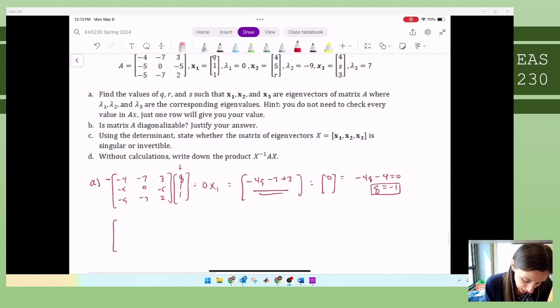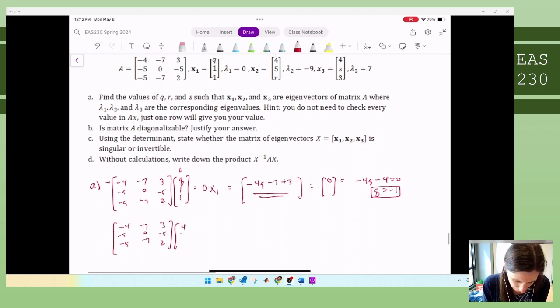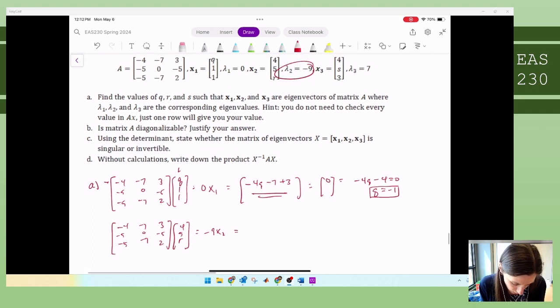For the second one, same thing. Negative 4, negative 5, negative 5, negative 7, 0, negative 7, 3, negative 5, 2. If I multiply it by my second one, it should be negative 9 times x2, because that's the corresponding eigenvalue. So if I do my multiplication, once again, it doesn't matter. I'm going to use the second row because it's got a 0 in there.